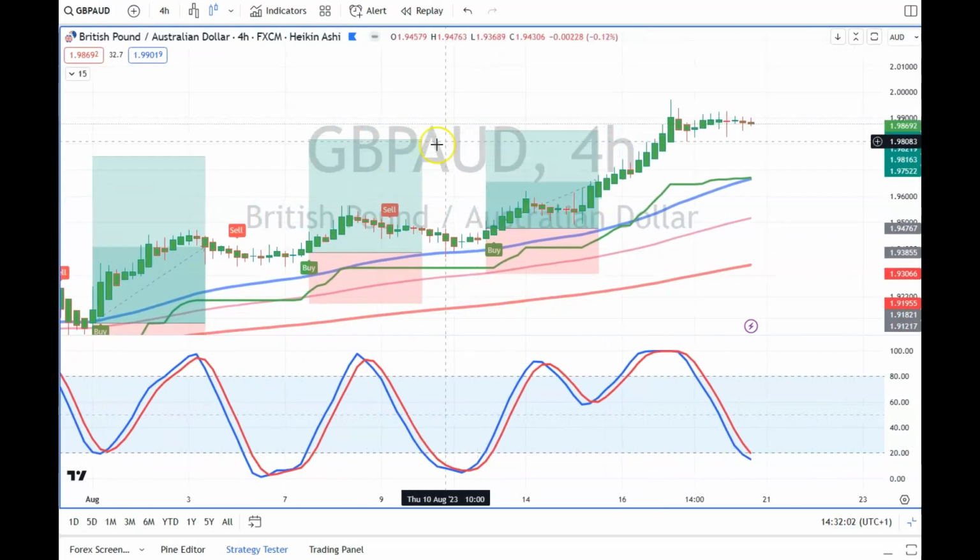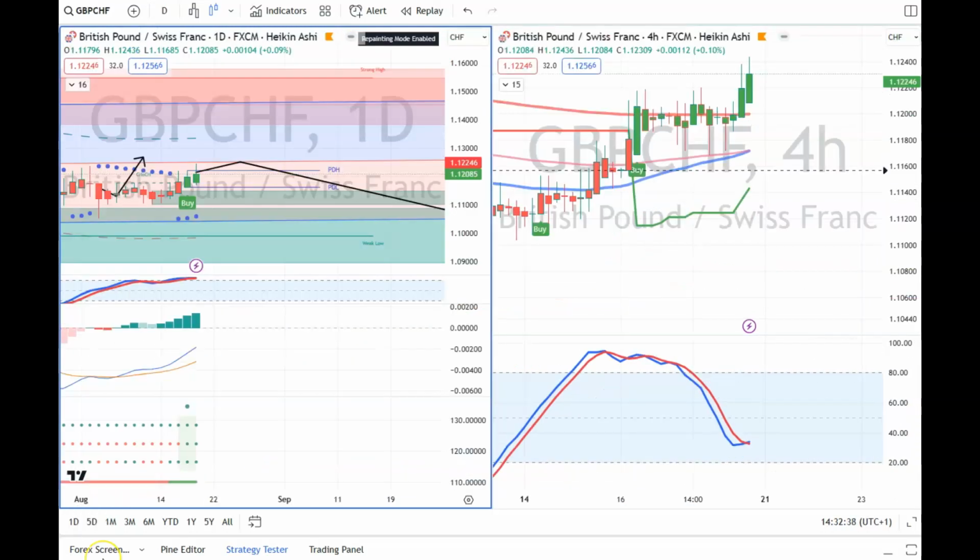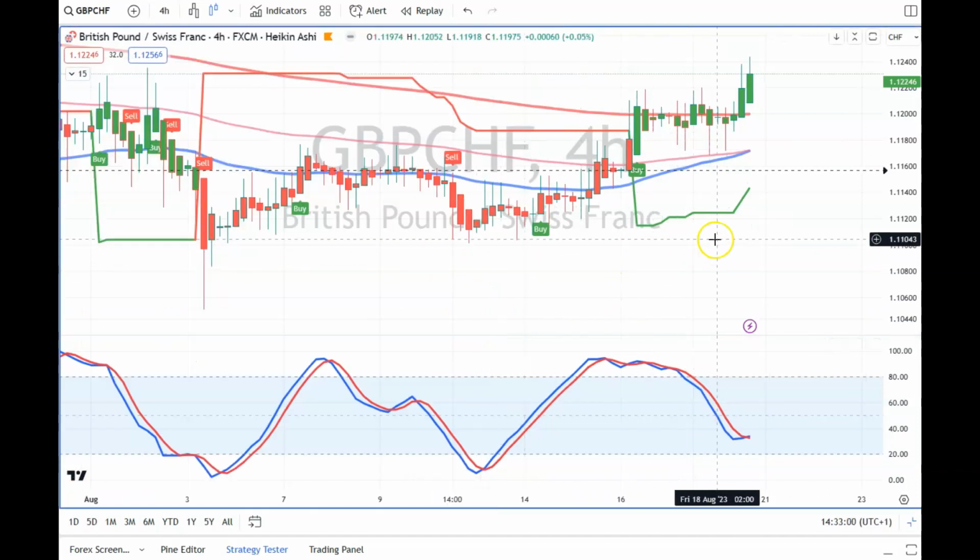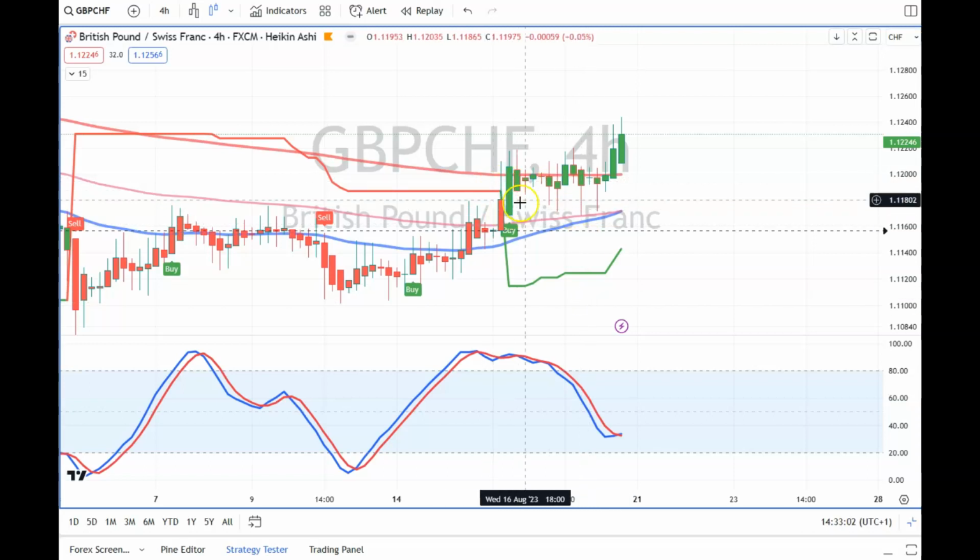Let me show you the pound Swiss. So the pound Swiss, for all intents and purposes, is going parabolic on the daily chart. Okay, we've got all the buys in. Now this can go up. It can go as far as it likes. But let me just explain a little bit more about why we think it may be limited in terms of its projected target. So we do have break of structure. This is what we want.